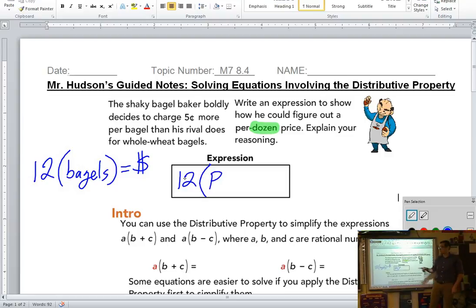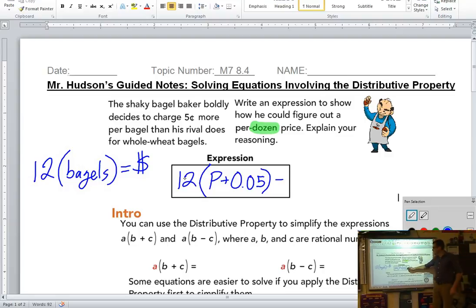Yeah, now be careful. If we want this in terms of dollars, when we go to add the 5, we're going to add 5 hundredths because we're adding 5 cents. So once I know my rival's price, I add 5 for the single bagel price. Then I multiply it by 12 to get my dozen price.